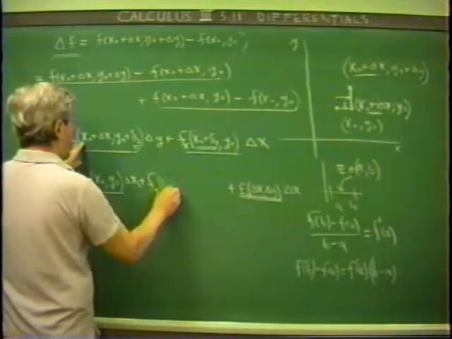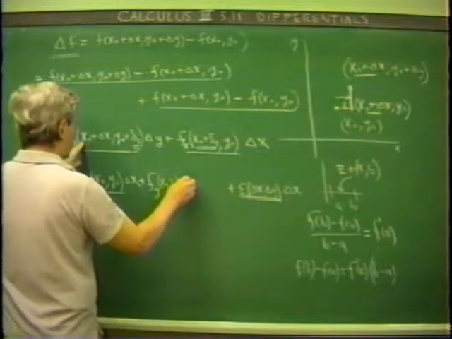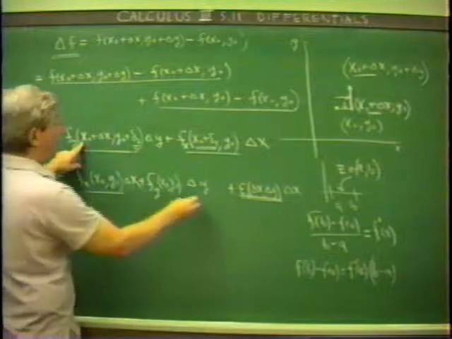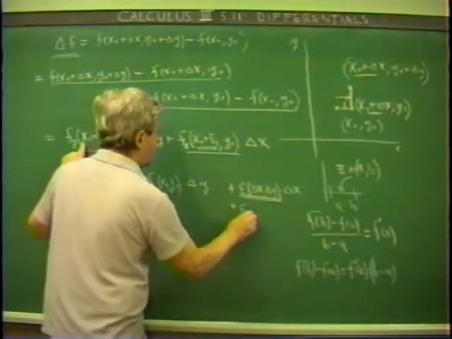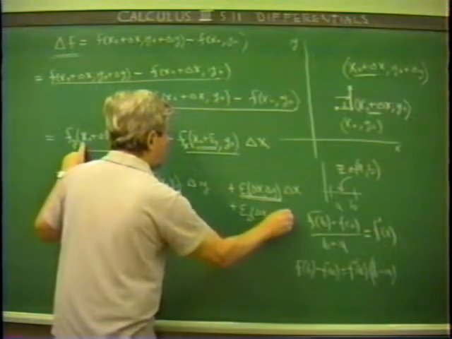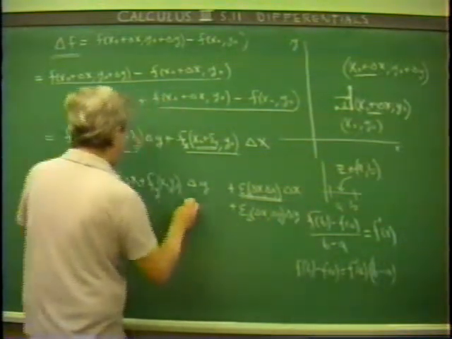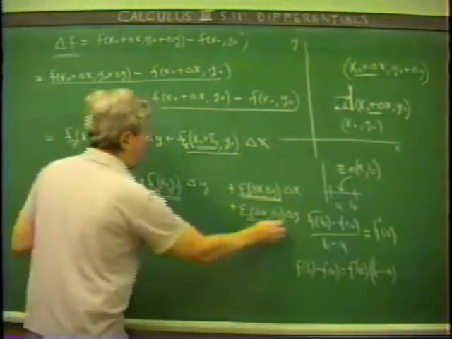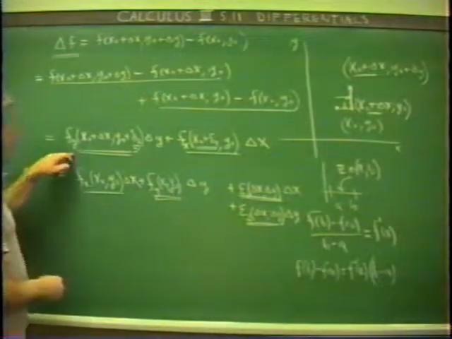This quantity right here can be written as the partial with respect to y. Instead of this point, we're going to look at this at the point x naught, y naught, times delta y. And now we're going to have another error term here, epsilon 2, which depends on delta x and delta y, times delta y.